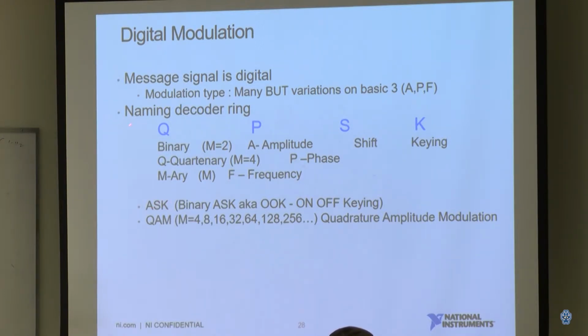When you know the naming style, you can easily work out what each name means. Same thing for QAM, quadrature amplitude modulation, where M can be different, like 4, 8, up to 256. It depends on the bandwidth and how you want to do the signal modulation.